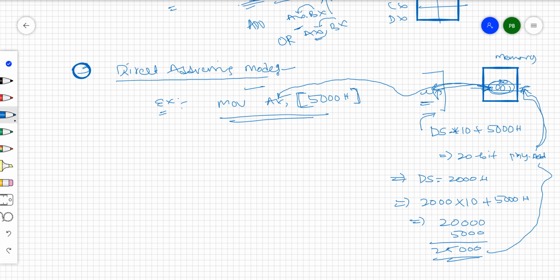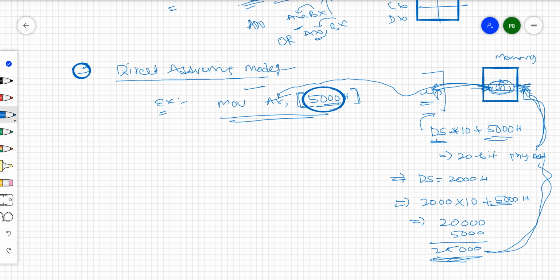Directly, 5000 acts like an offset to this data segment in the external memory. So it is calculated internally by the microprocessor: DS data into 10 plus the offset address provided directly in the bracket is added. The 20-bit physical address is generated like this, sent out through the 20 address lines, and selects one location in the external data segment.